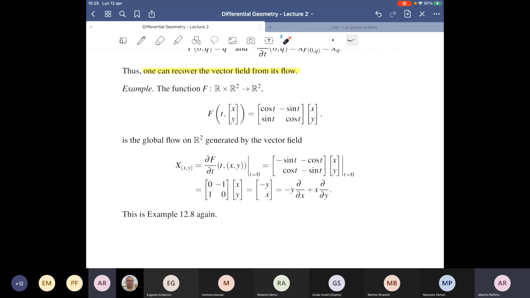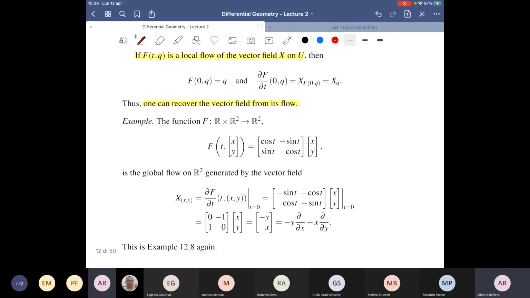And in particular, as you can see here, if you derive f with respect to the time t and evaluate it at t equals 0, let's recall that at time 0, f0 of xy is just the identity, so it will be xy. And so the vector field X at the point xy will be the derivative of this capital F with respect to the time, evaluated at t equals 0.